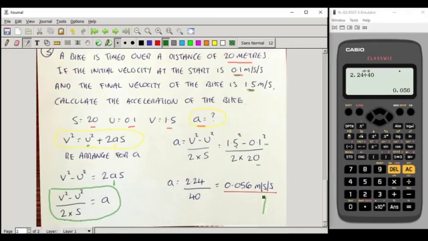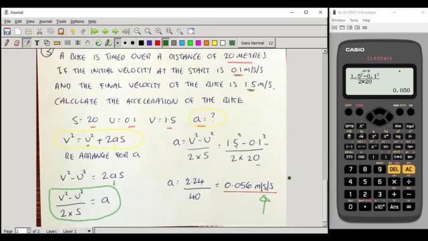That gives 0.056 meters per second. Or you could just do it all in one go: 1.5 squared, take away 0.1 squared, divide that by 2 times 20. 0.056.